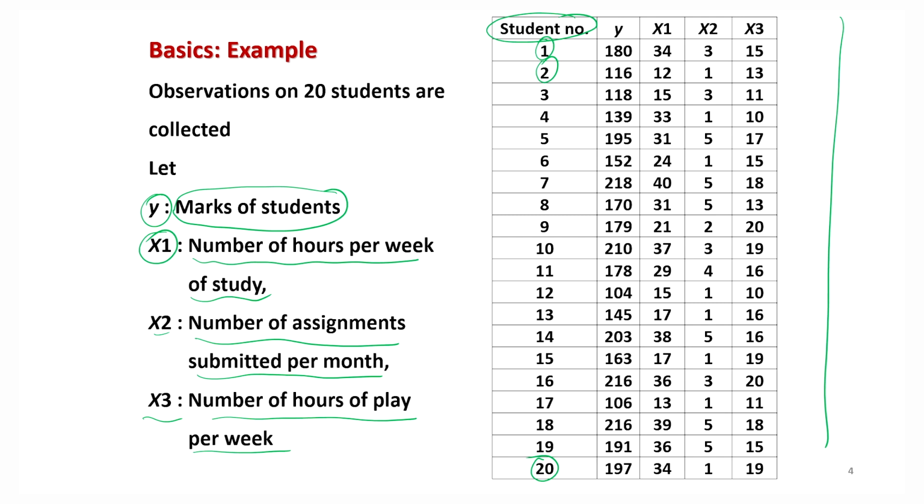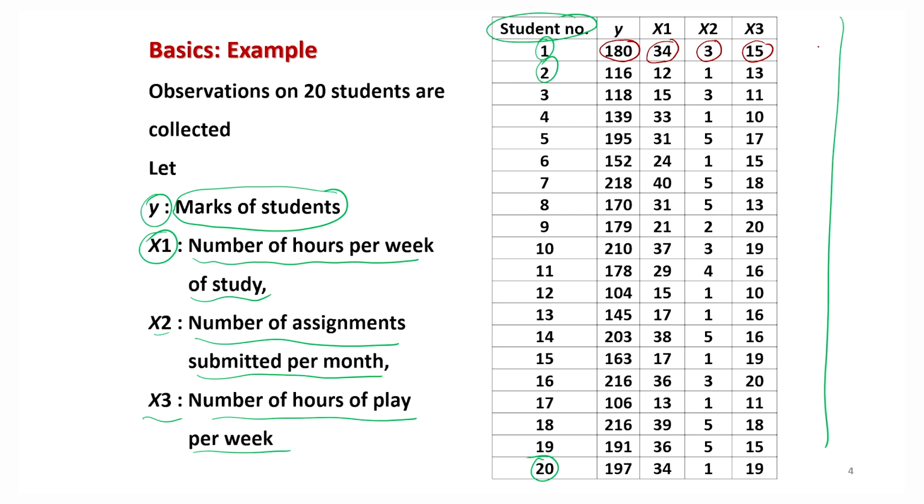Now, the data is obtained like this. Student number 1 has studied 34 hours in a week, has submitted 3 assignments in a month, and has played for 15 hours in a week, and student number 1 has got 180 marks out of 200, or say 250, right.